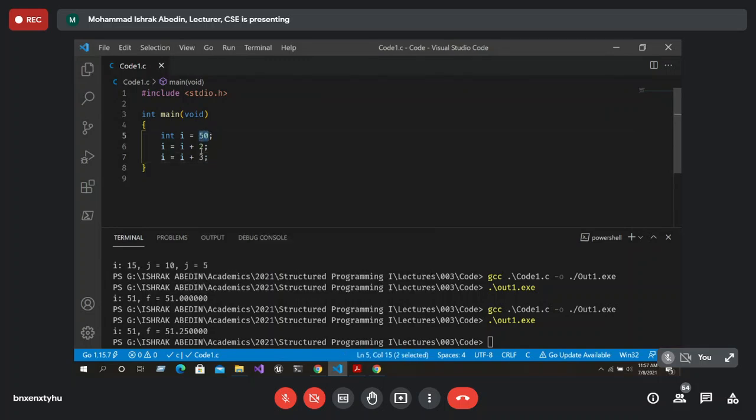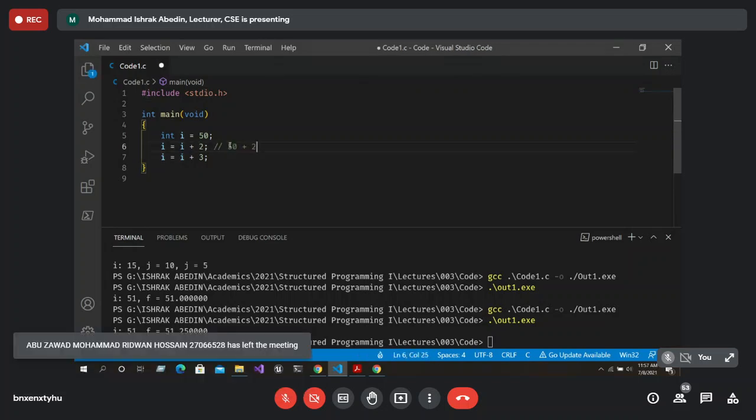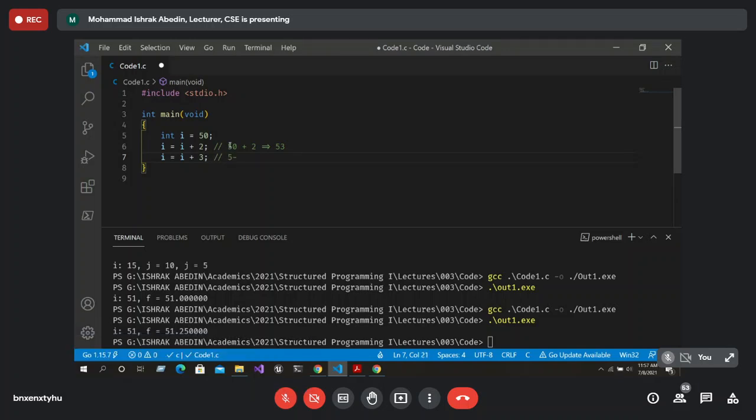This is 50, evaluated as 50 + 2, which produces 52, and then this is evaluated as 52 + 3, which is 55.